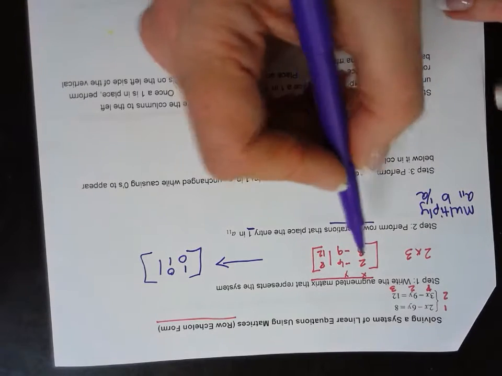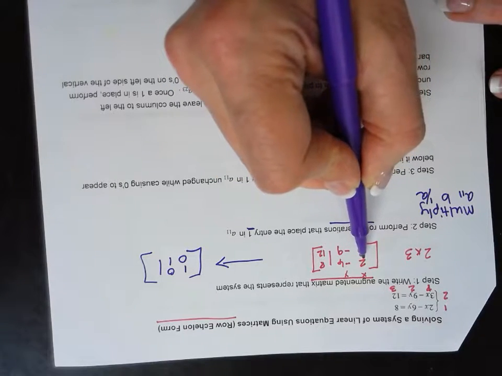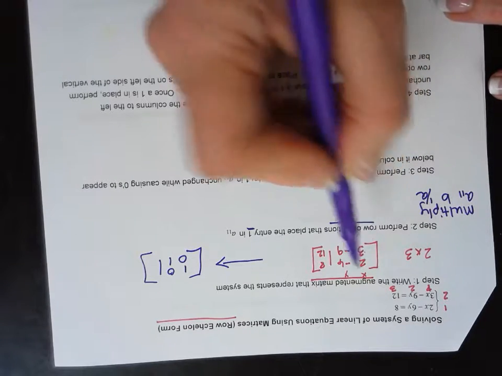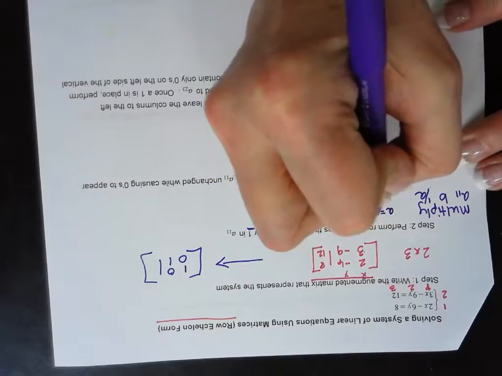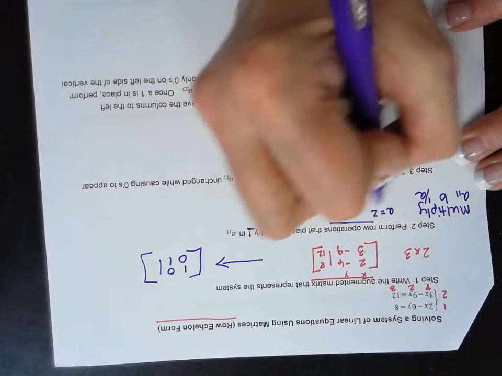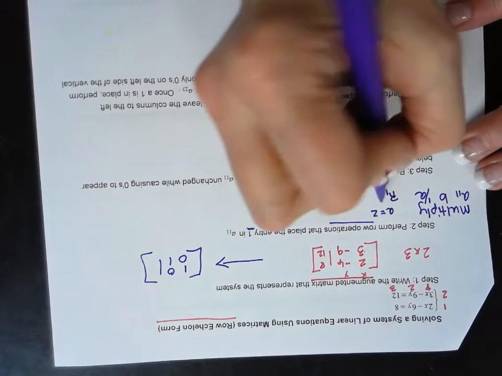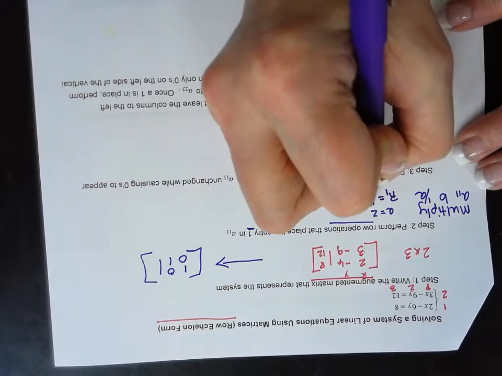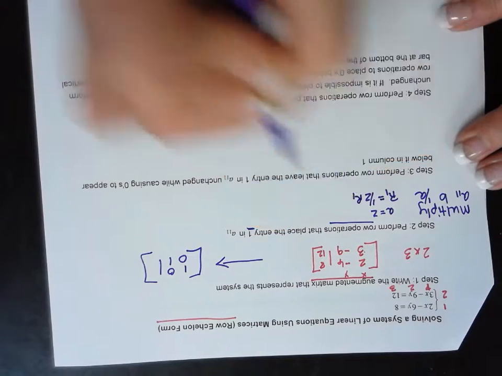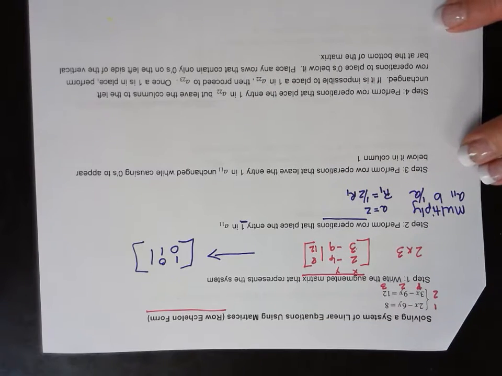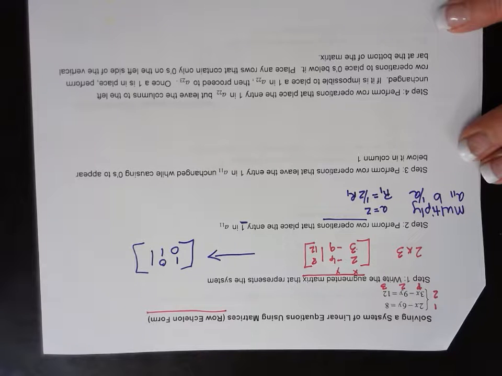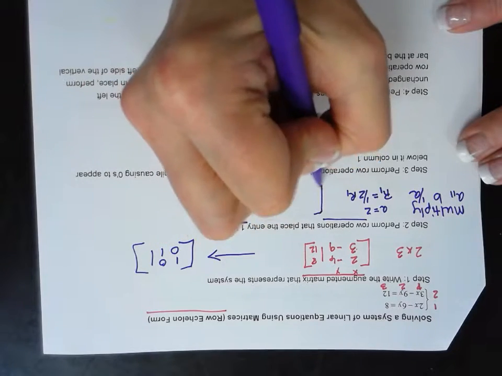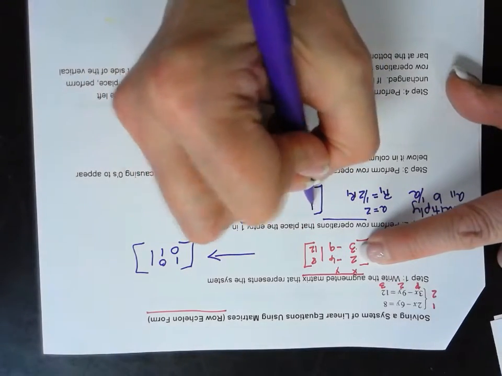Okay, so my element is 2, right? Since A is equal to 2, that means my row operation is: the first row is equal to 1/2 of row 1. Good? All right, so 1/2 of 2 is 1.